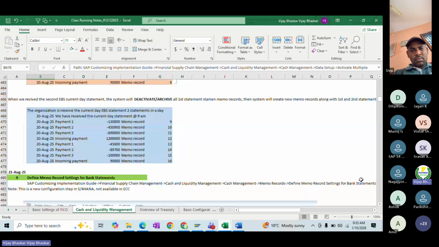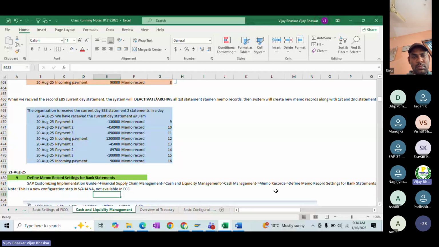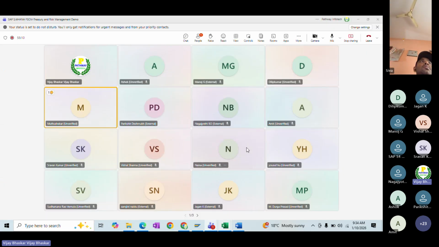For example, this is a new configuration step in S4 HANA, not available in ECC, so I'm going to cover that. Don't worry about that. The changes will be documented separately and presented. There are a few changes in EBS and a few in cash management, and those will be covered as part of the session.